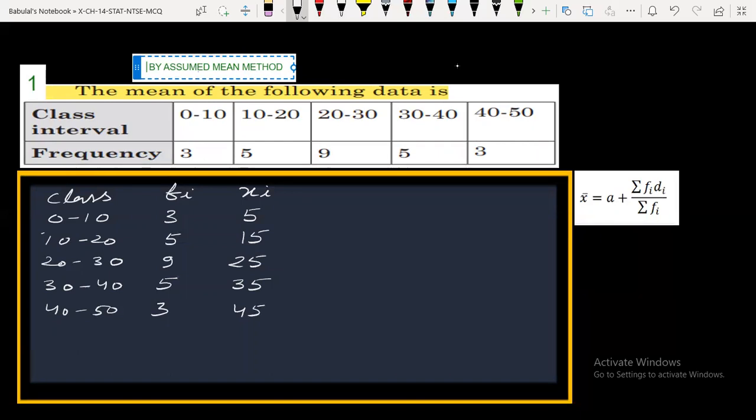So up to here the process is the same. यहाँ तक direct method और assumed mean method में process same ही है. Means आपको class mark तो दोनों ही method में find out करना होता है.